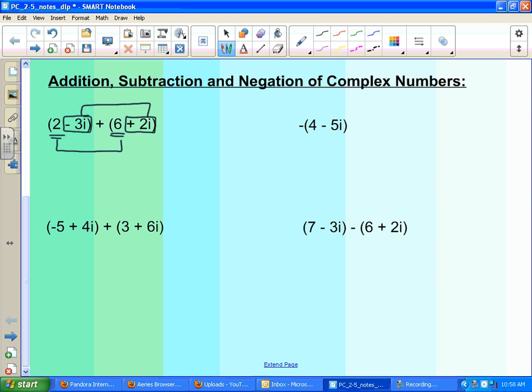And this just becomes a new complex number of 8 minus 5i. Just add them up. Not much more complicated than that. Just put the real part at the beginning and then your imaginary part after it. 8 minus 5i.